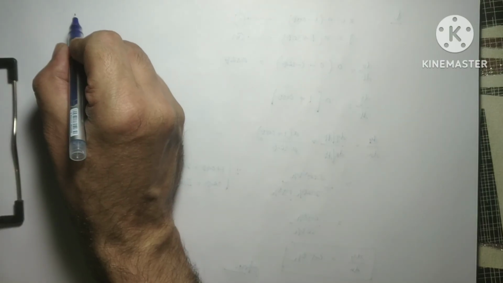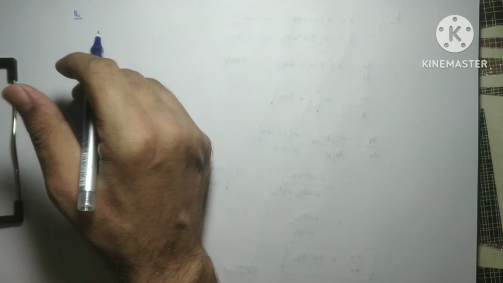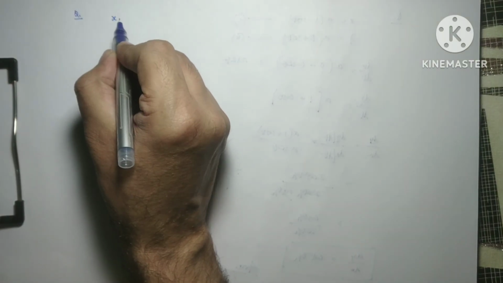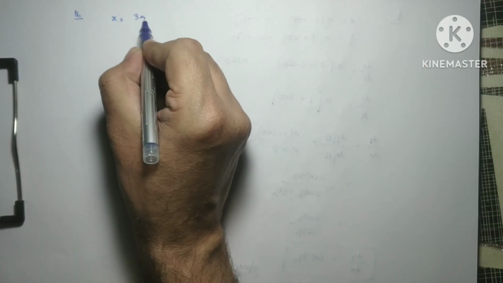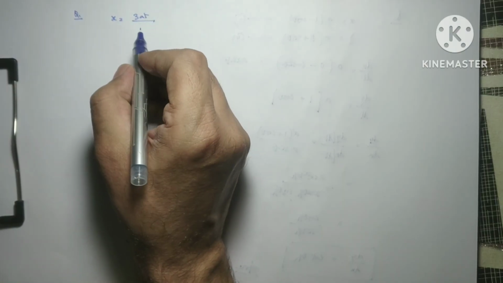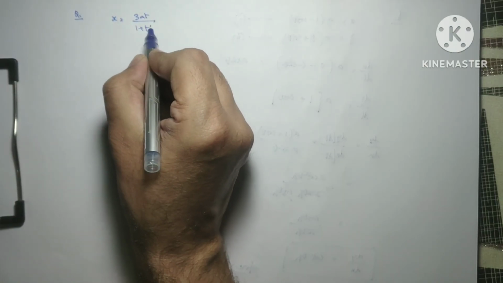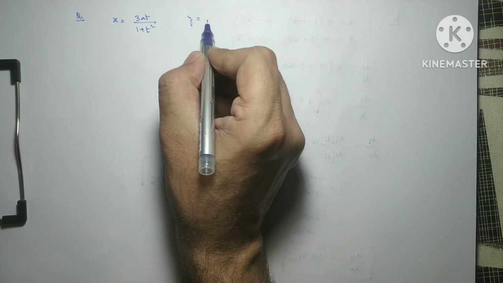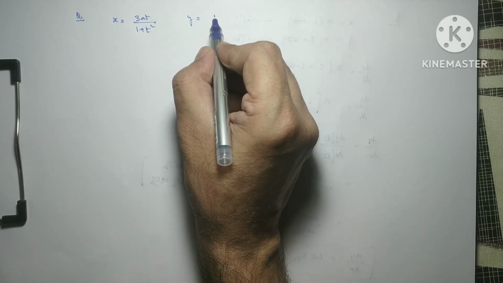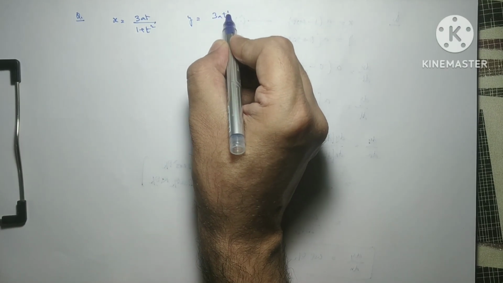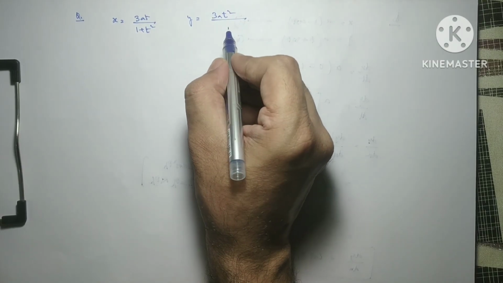Now the next question: x equals 3a over 1 plus t square, and y is 3a square over 1 plus t square.